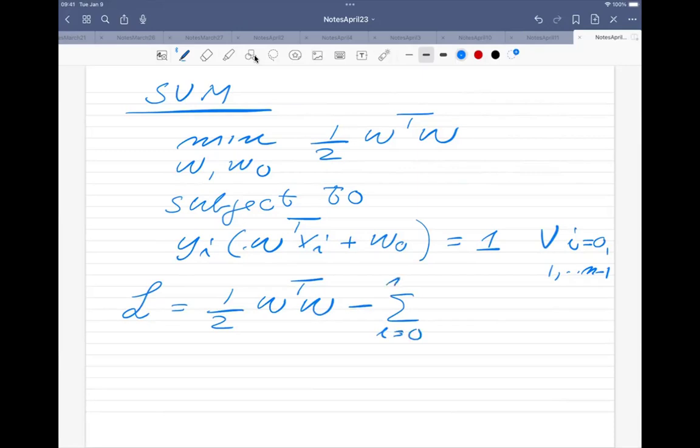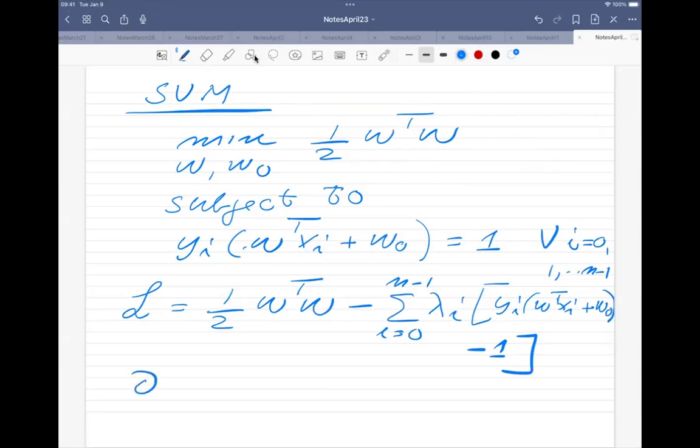And now for all the data points which we have, we have a Lagrange multiplier, and this is then multiplied with a constraint, y of i, w transpose x of i plus w0, then a parenthesis and minus 1. And finally, the final parenthesis. This is the problem we want to optimize in order to find this marginal vector or support vector.